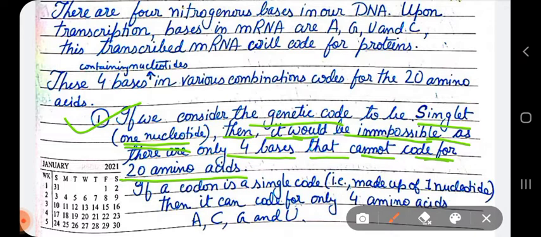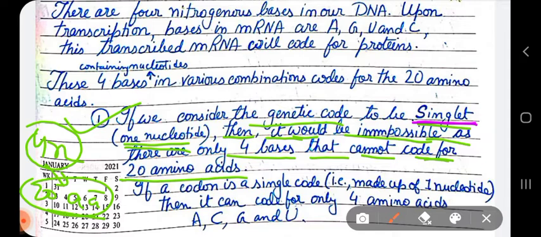Suppose some scientists have said that there are four nucleotides, and these four nucleotides will code for the amino acids. Good, but there are 20 amino acids. How will these four nucleotides code for 20 amino acids? If we say that the genetic code is a singlet, that means one nucleotide coding for one amino acid.